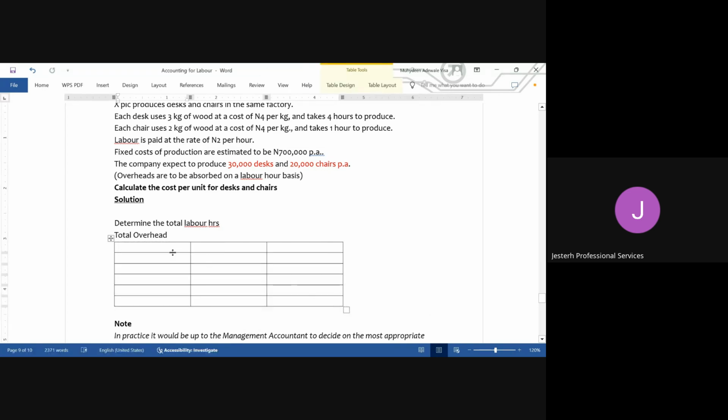Here comes the table. Our total overhead still stands at 700,000. It's the one we want to know how we are going to absorb, and how much is going to be the overhead per unit. Descriptions.